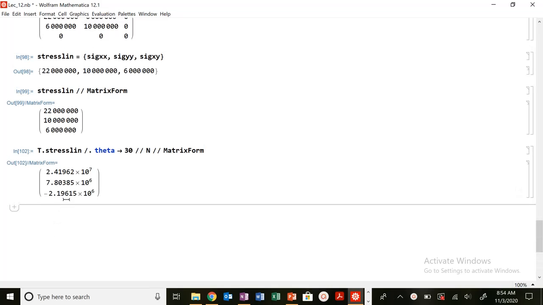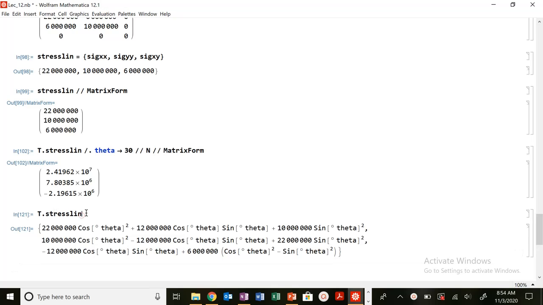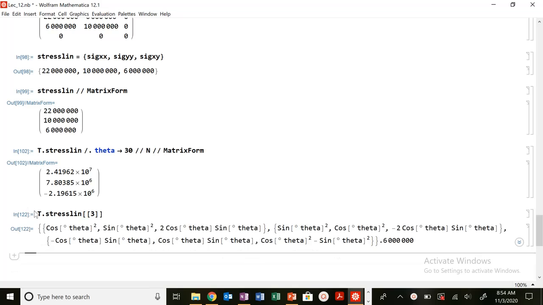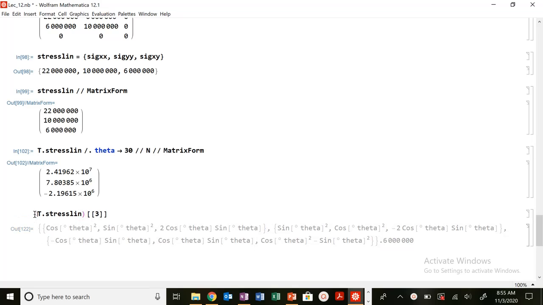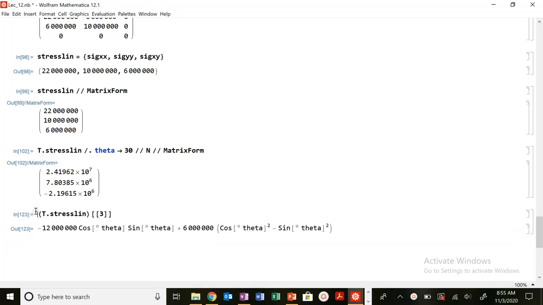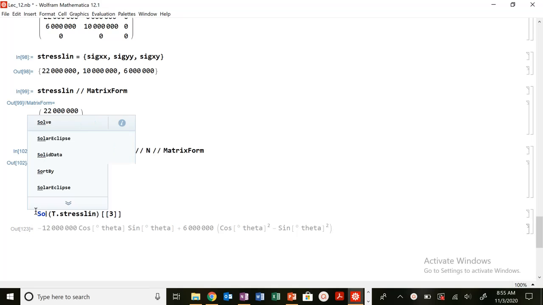For the stress state, I need to figure out when this value, my shear stress, equals 0. So stress lin right here. I want to take out the third component. Oops, nope, I don't want to take out that third component. I want to do my parentheses around it, and then I want to solve for when this value is equal to 0.